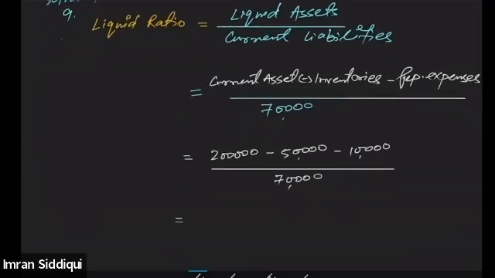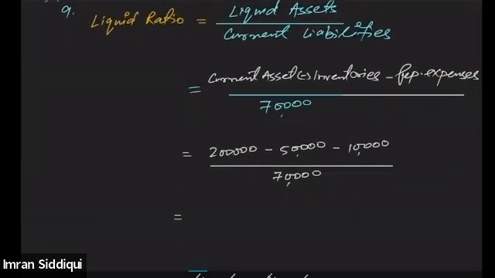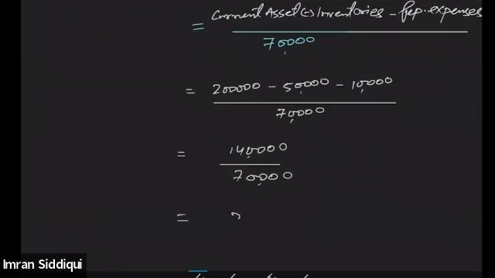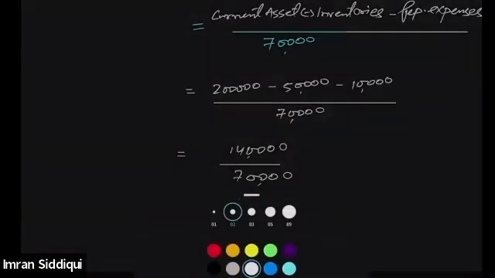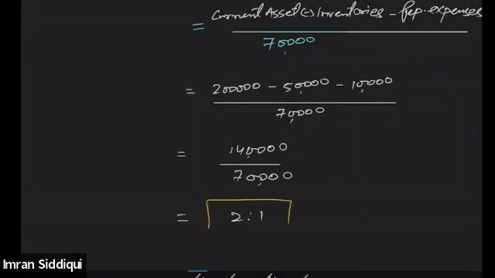All right. Now we'll calculate it. 2 lakh minus 50,000 minus 10,000 will be 1 lakh 40,000, is that right? Divided by 70,000. So the answer in this case will be equal to 2. This is the liquid ratio or the quick ratio.